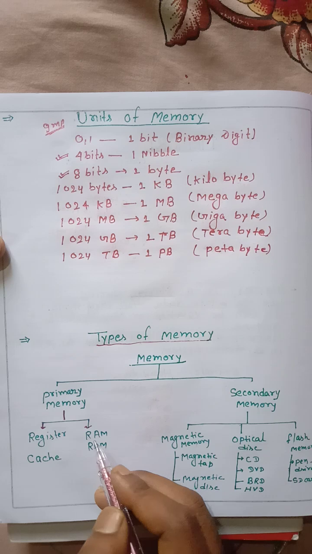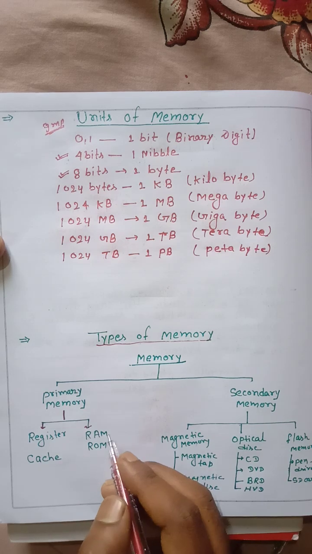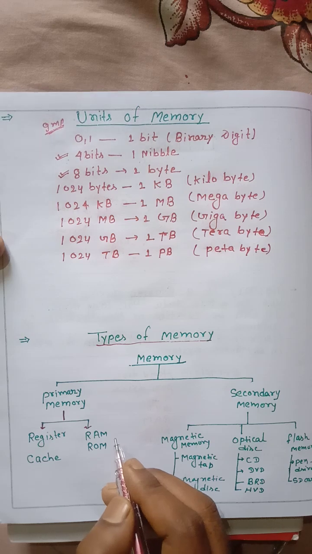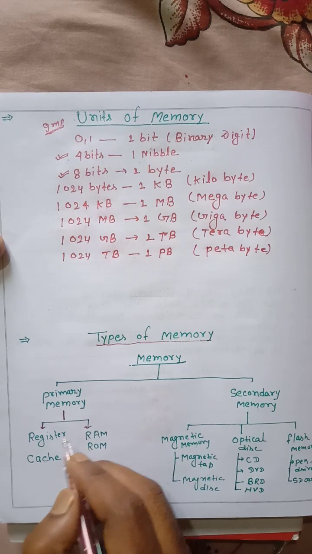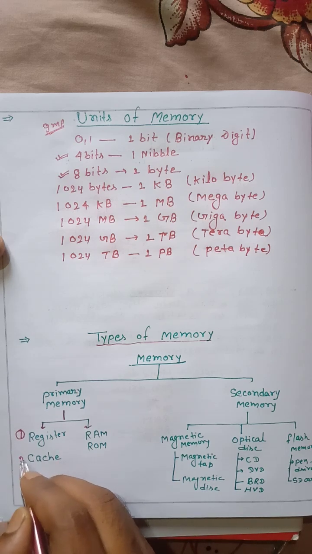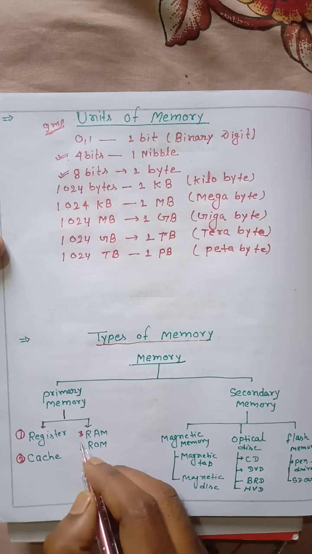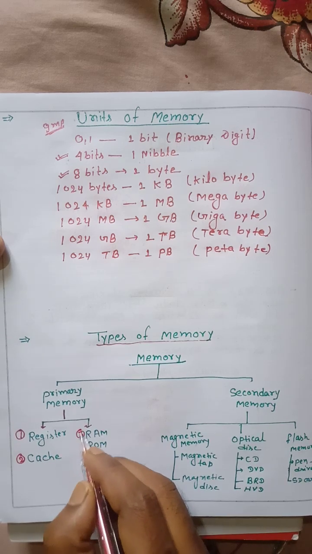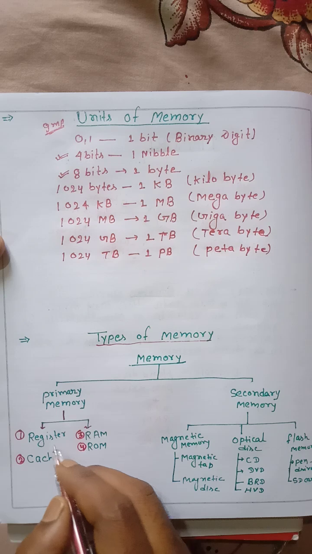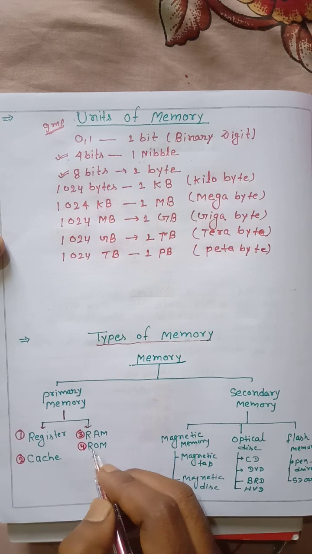Which memory is the fastest among these in primary memory? If you guess RAM, then it is wrong. The fastest memory is register. After that cache, after that RAM, after that ROM. So the fastest memory in the computer is register, then cache, RAM, ROM.